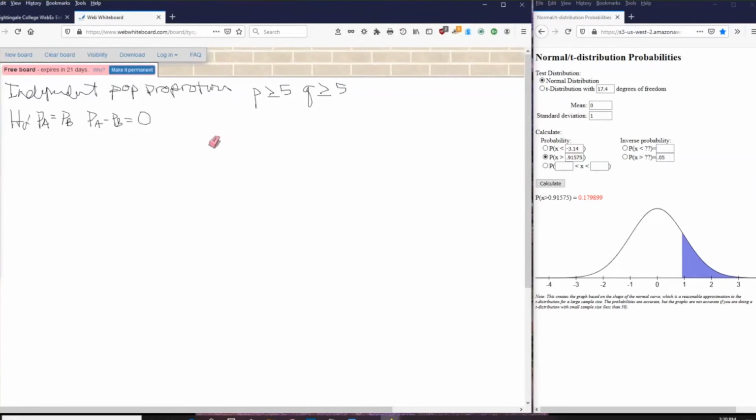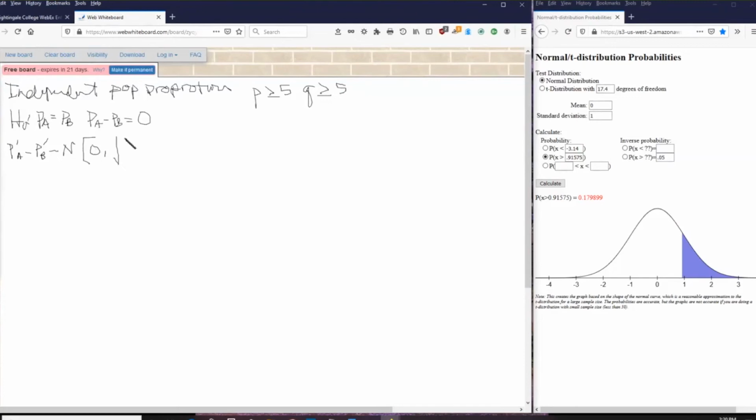So the distribution for the differences, P prime of A minus P prime of B, is a normal distribution with mean, or the difference between the successes of the two, equal to 0.